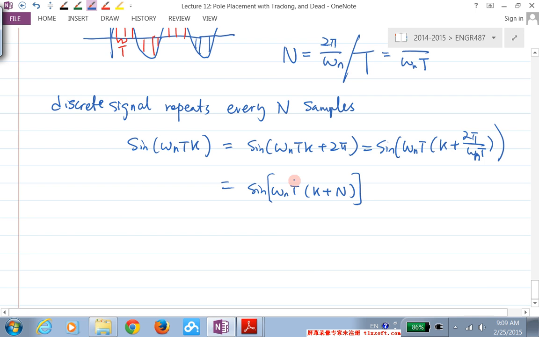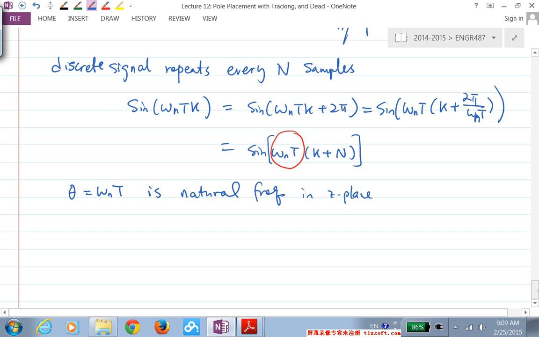So the natural frequency becomes omega n T. I'm going to let theta equal omega n T, the natural frequency now in the z plane, or this discrete domain.